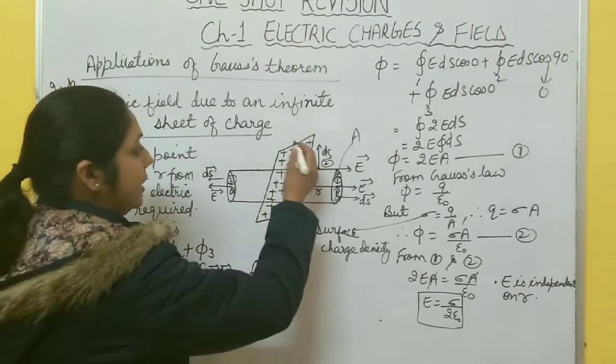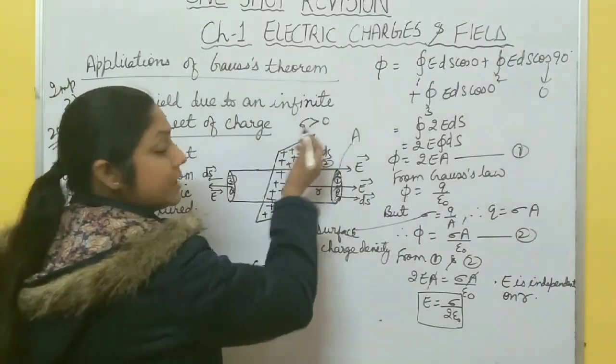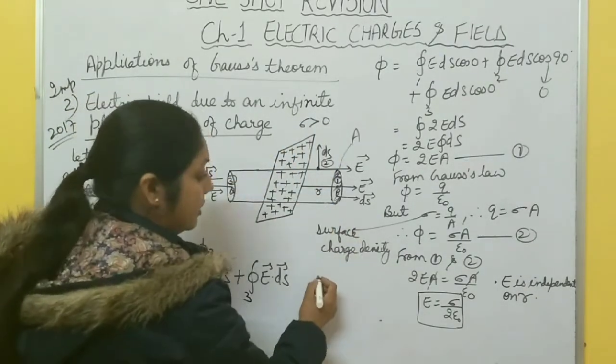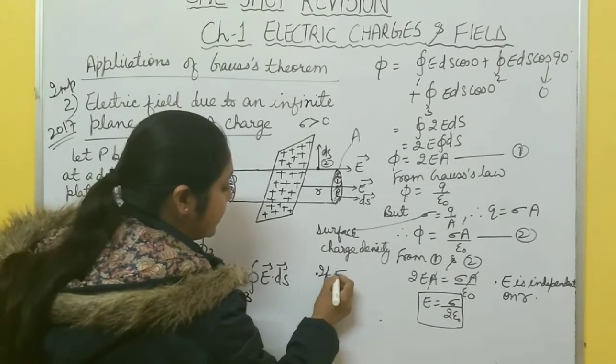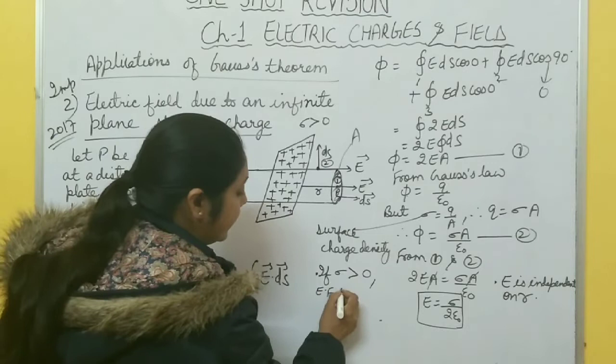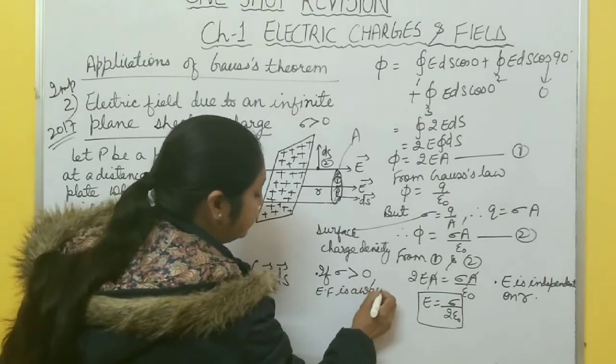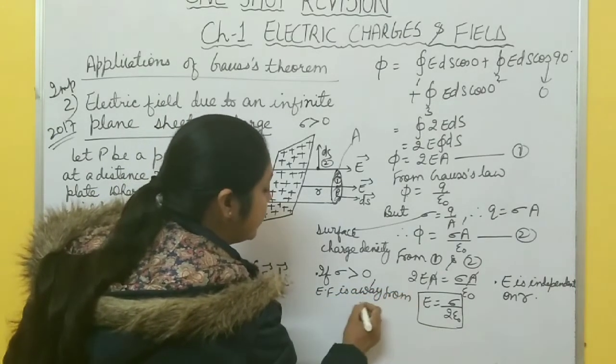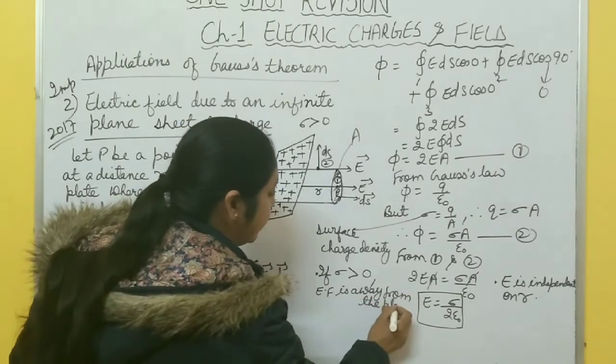You note, if sigma is greater than 0, it means charge density is positive, then electric field is away from the plate. Magnitude is same but away from the plate, right?